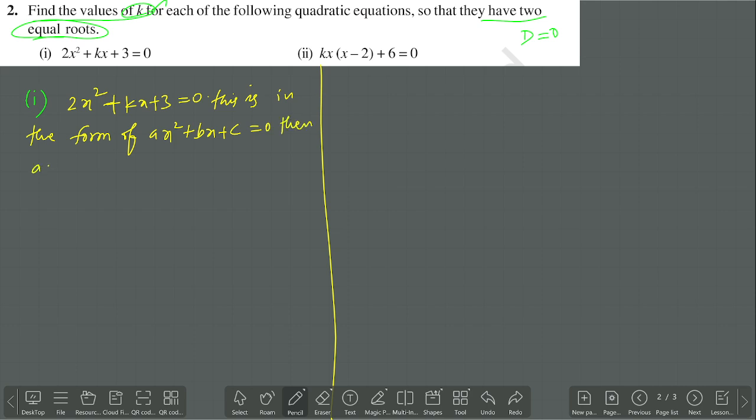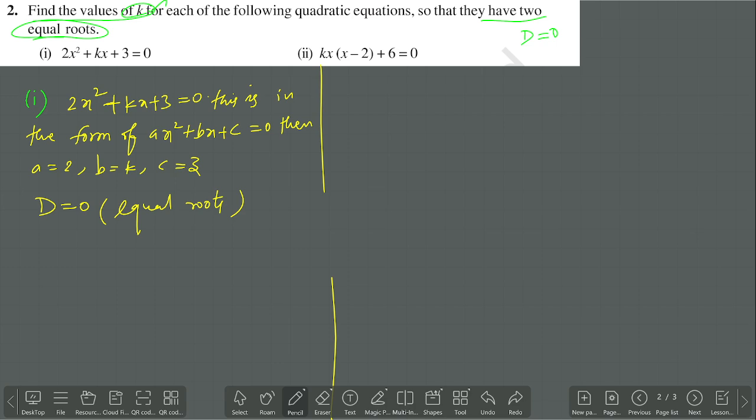Then what is the a value after comparing? 2. What is the b value? k. What is the c value? 3. D equal to 0, it's a given condition. What is the given condition? D equal to 0, because they said equal roots.